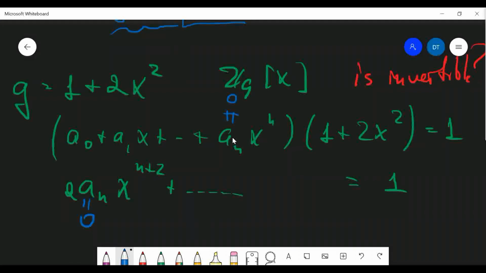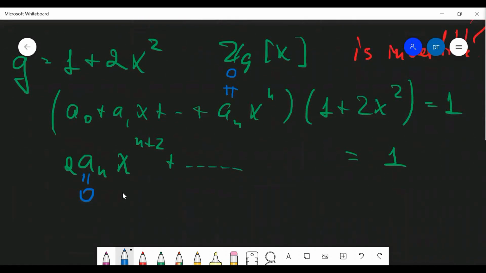Because if it's a non-zero polynomial, there must be a non-zero coefficient, and this is the highest non-zero coefficient with the highest possible n. And when you multiply this thing by this thing, then 2 times an must be 0 in Z9.